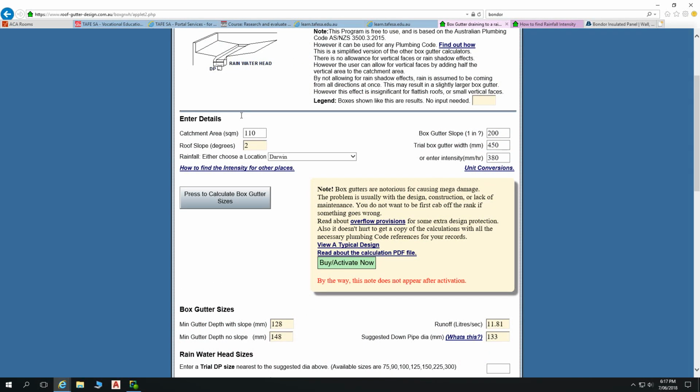So you have to explore finding rainfall intensity for other areas.